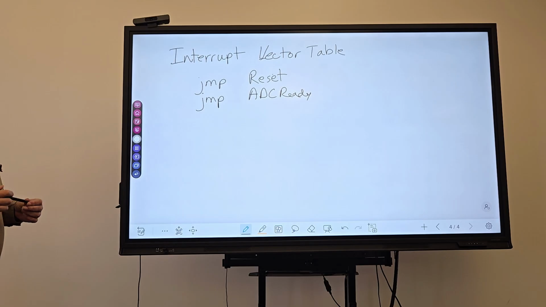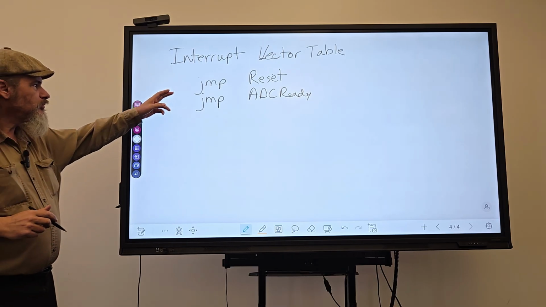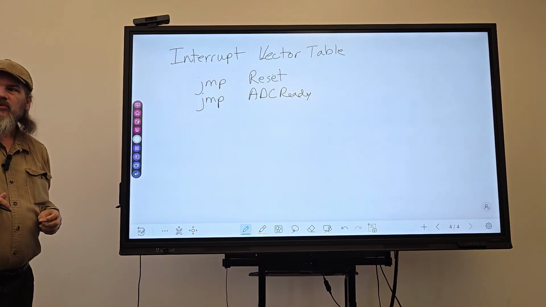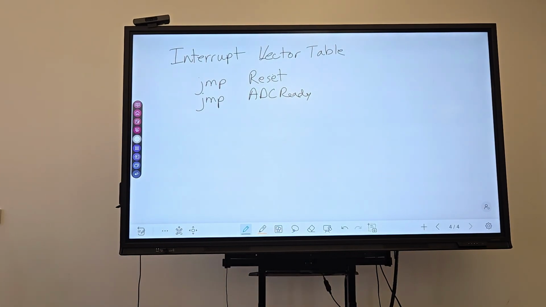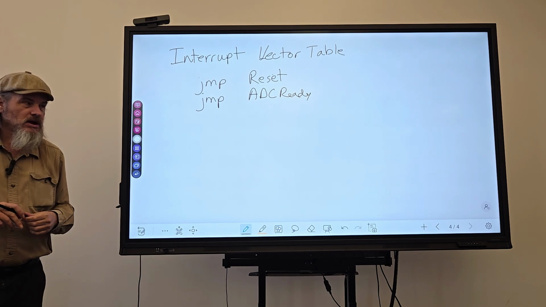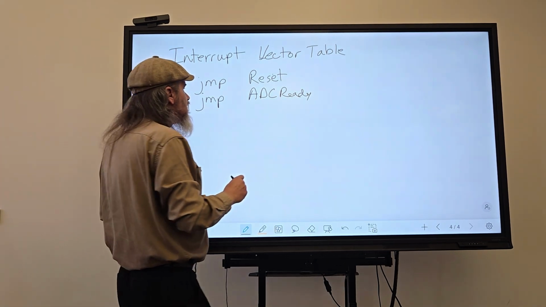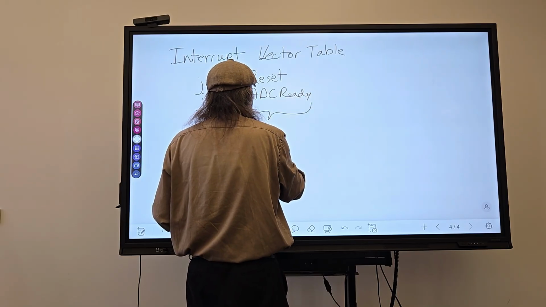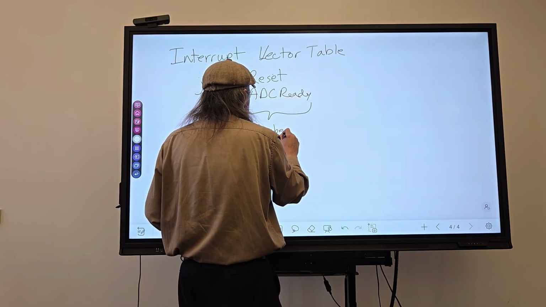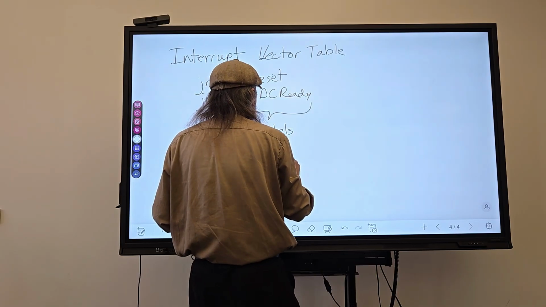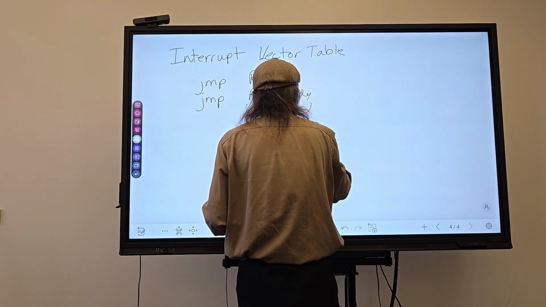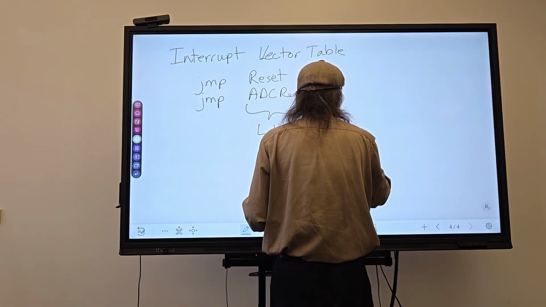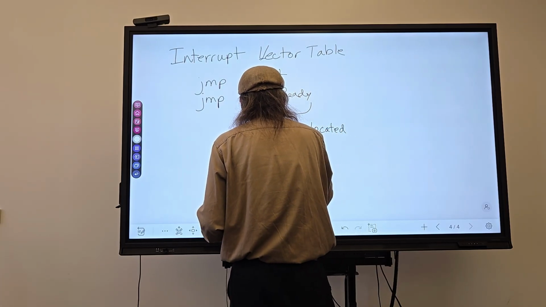The interrupt vector table is a series of jump statements which jump to the appropriate interrupt handling routine. These are labels, located elsewhere in the program.